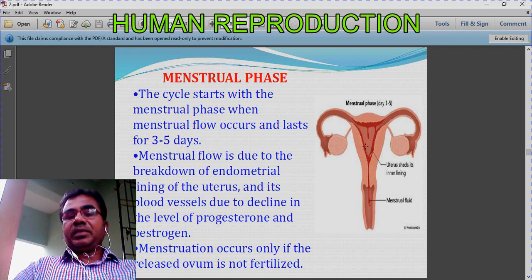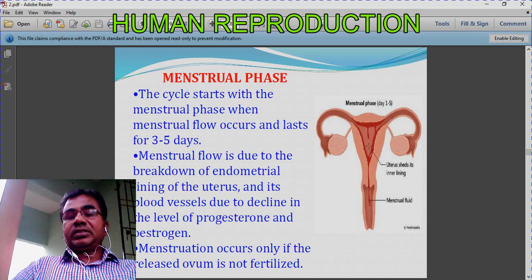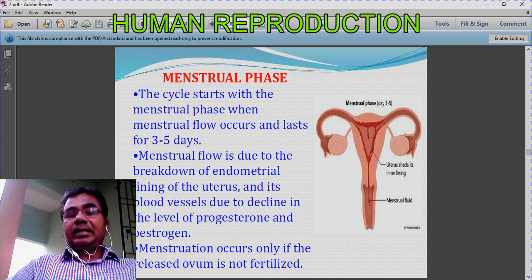So what is endometrium? Look at this diagram. This is the uterus, and the inner wall of the uterus is the endometrium. This endometrium lining breaks down.